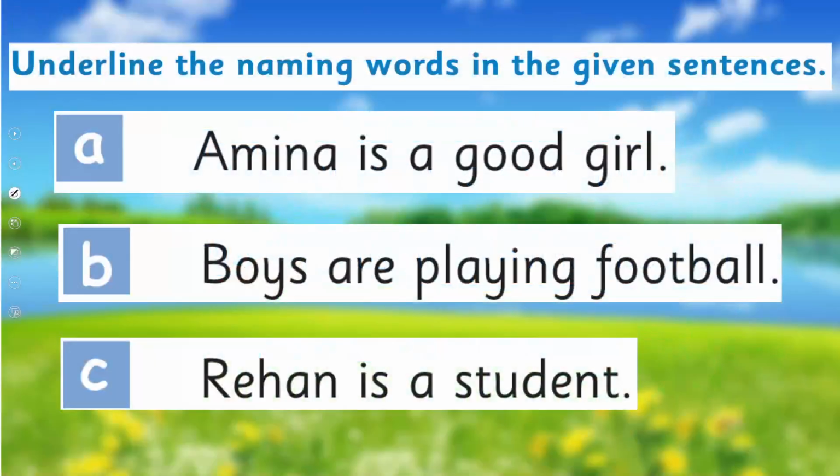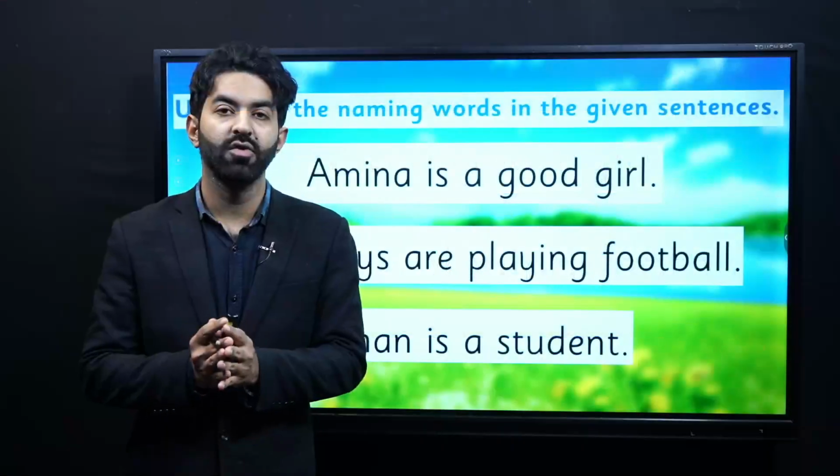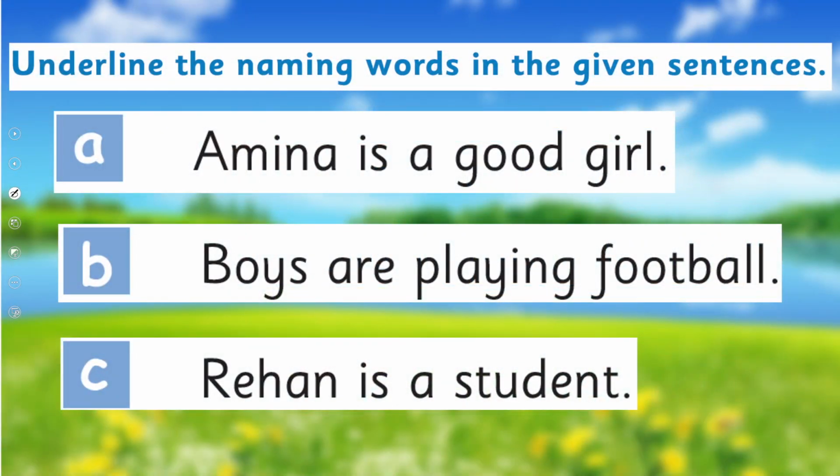Now let's talk about underlining the naming words in the given sentences. Now, I hope that you can read it. Let's underline the naming words. Amina is a good girl. What is the naming word over here? Amina.